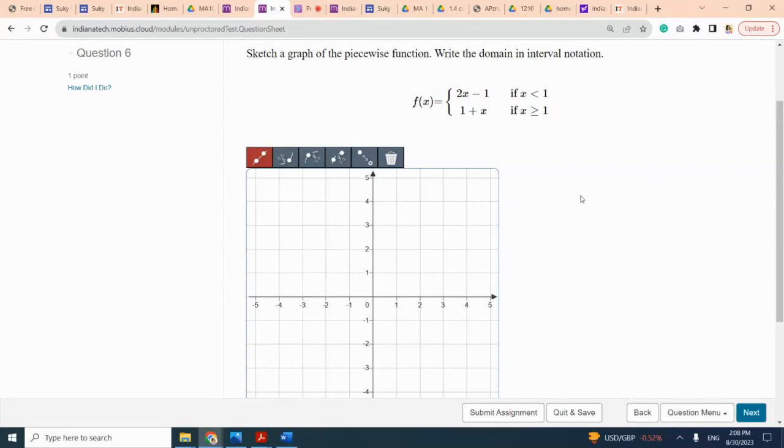So we have a point here. And then, less than 1, let's take 0. If you plug in 0, what do you get? You get negative 1. So we have (1, 1) and (0, negative 1). We can draw the line.